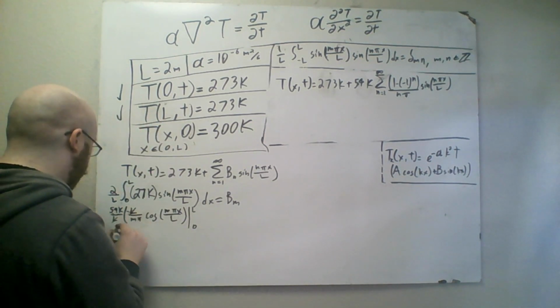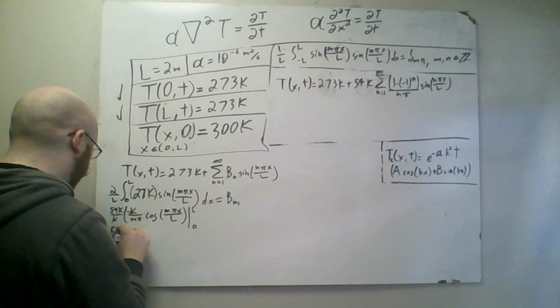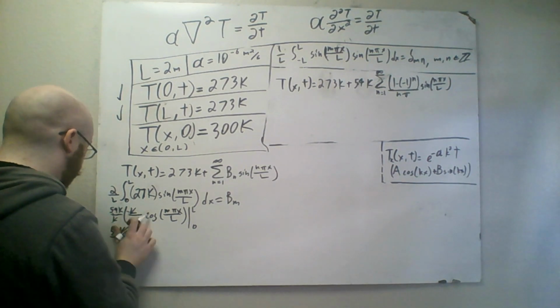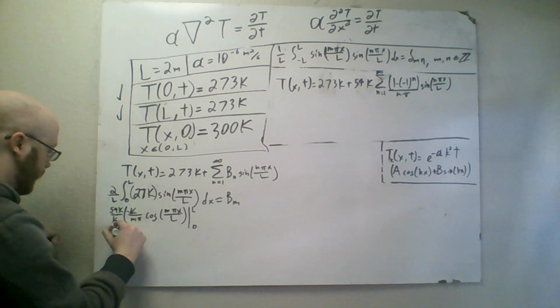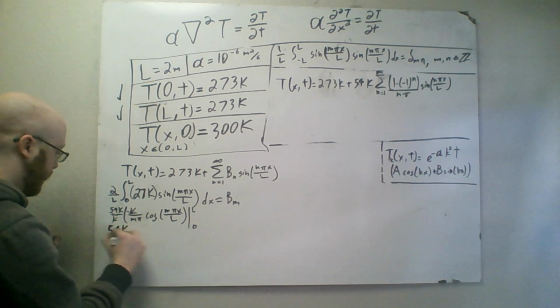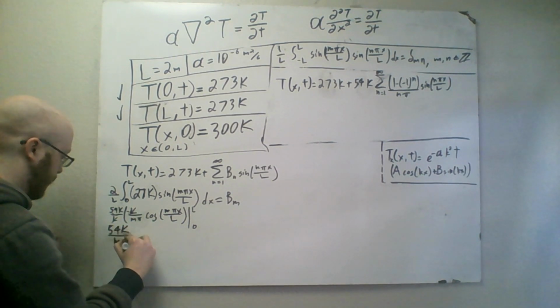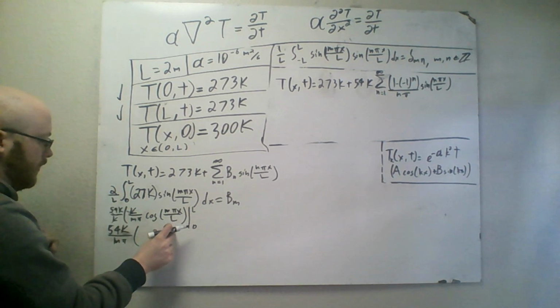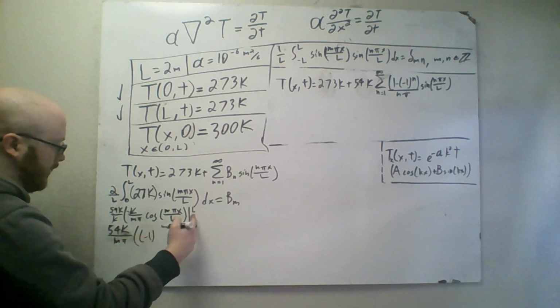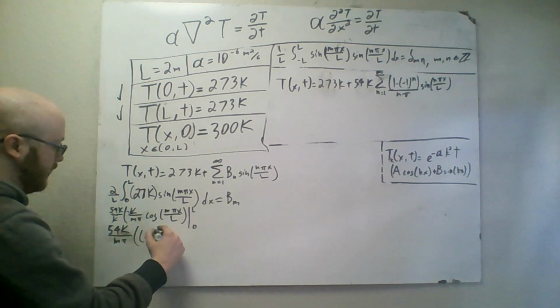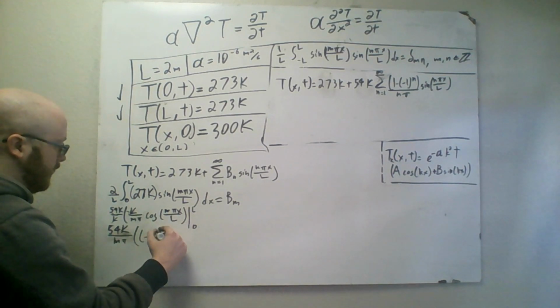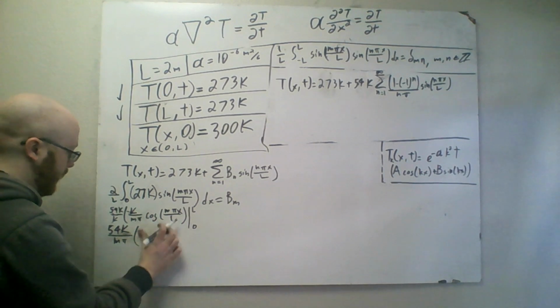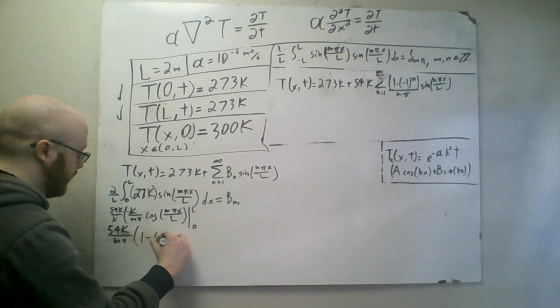These L's cancel out. 54 Kelvin over m pi times, we plug in 0, we get 1. So plug in L, we get m pi, so once again we end up with 1 minus.